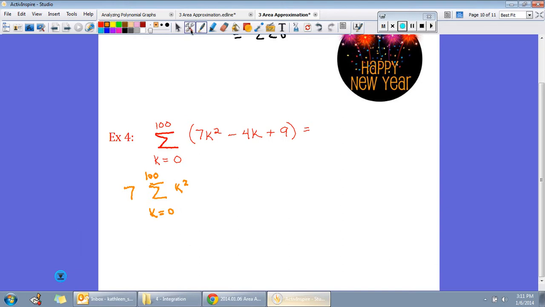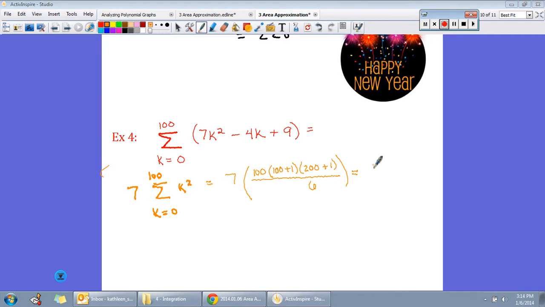So at this point, we can use our power sum formulas, and the power sum for k squared is going to be n times n plus 1 times 2n plus 1 all over 6. And even though the power sum formula starts at 1 normally, 0 doesn't really matter when you have the variable part, because you're just going to be adding 7 times 0 squared. So we can plug this into our calculator and get a number answer.